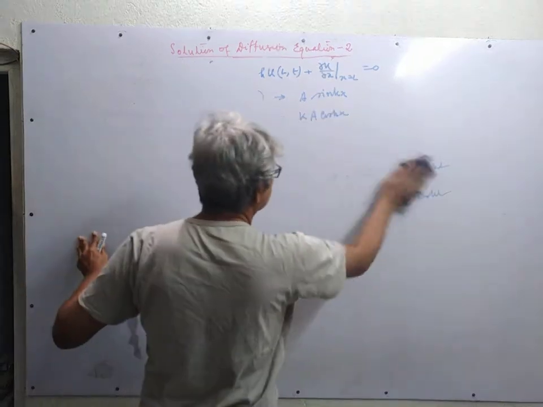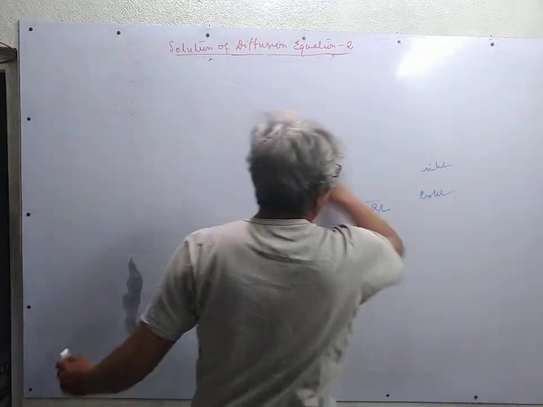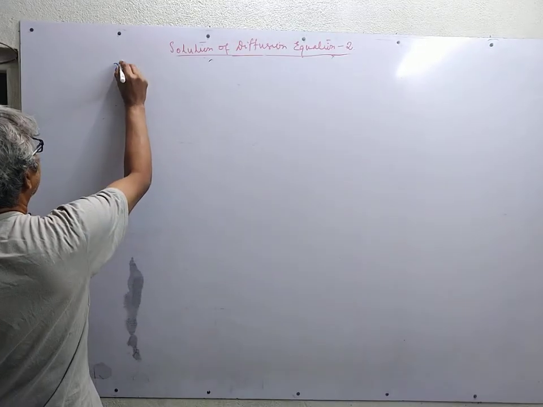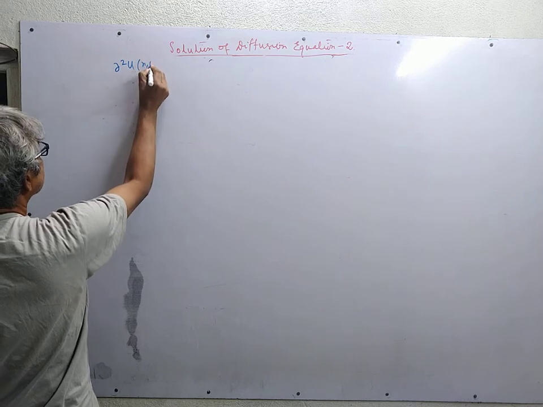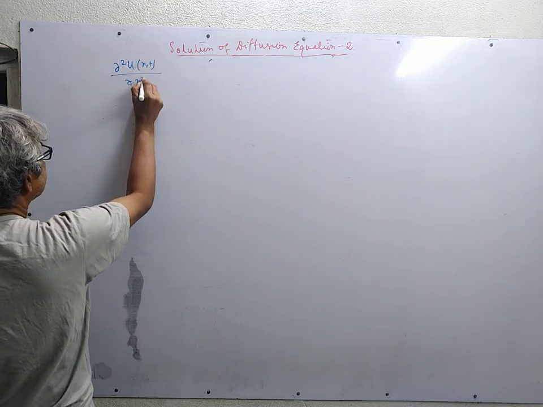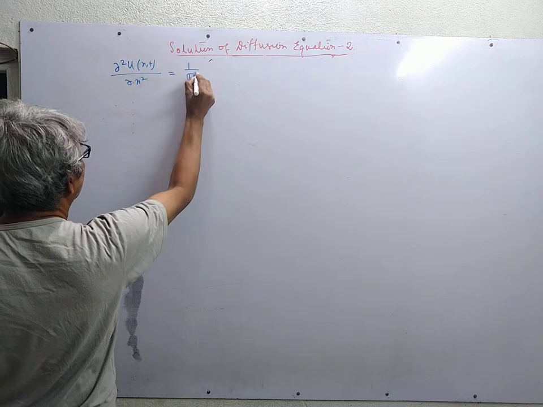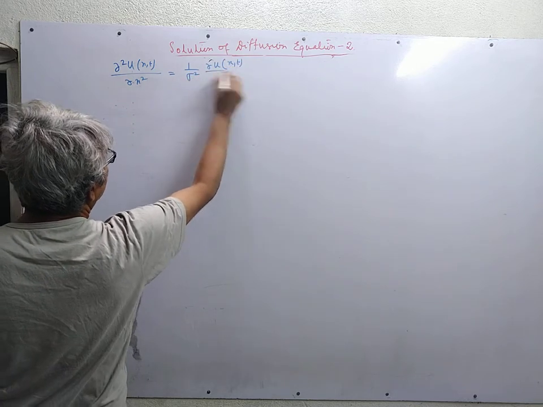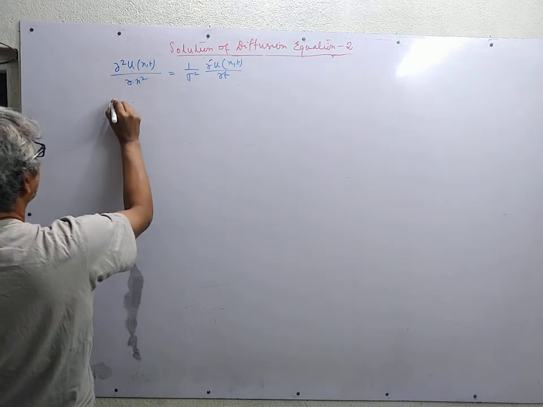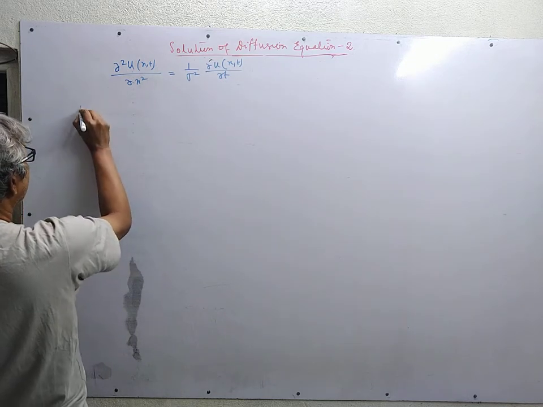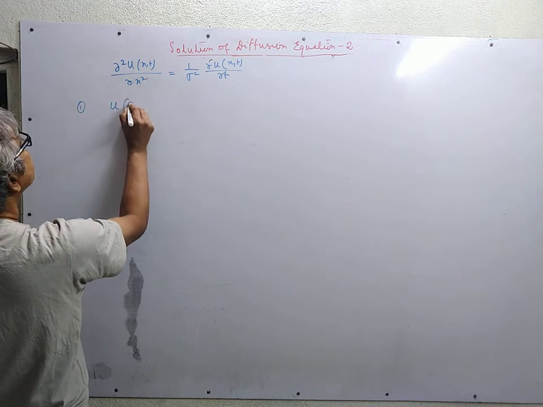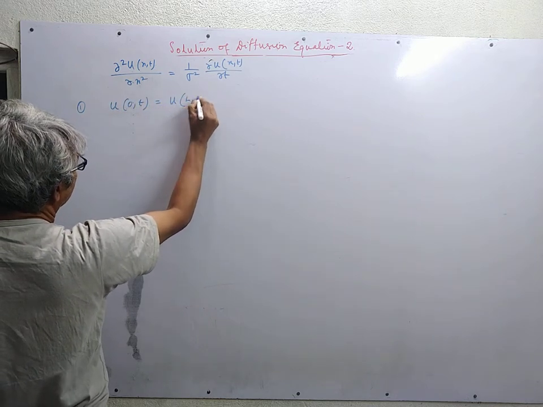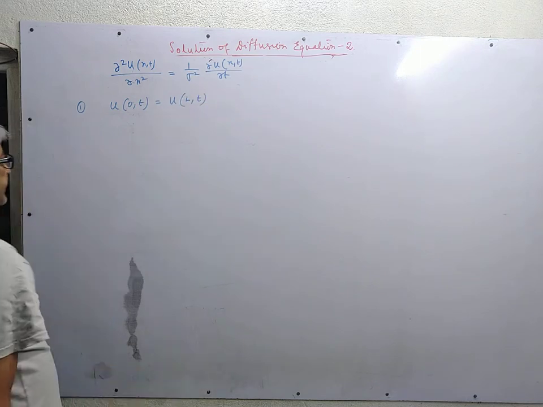We solve del 2u of x,t del x2 is equal to 1 upon sigma del u del t, and the boundary condition was that u of 0,t is equal to u of L,t is equal to 0.